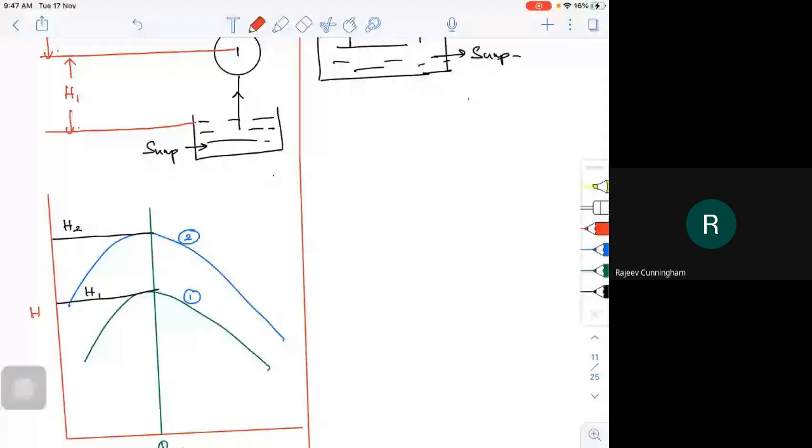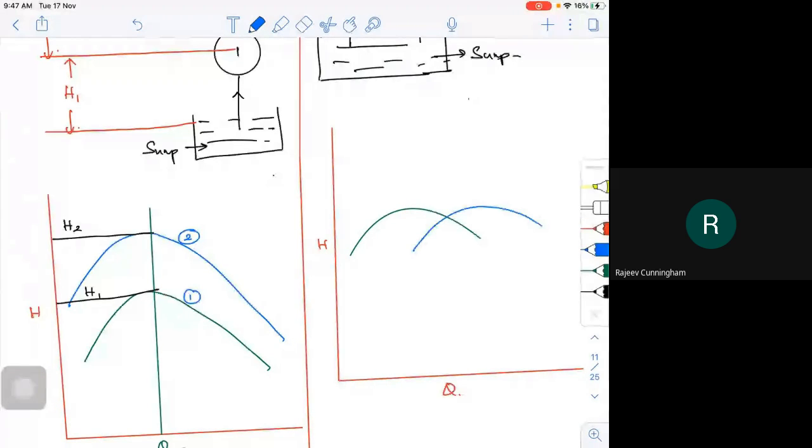This is my H, this is my Q, head versus Q. This is for pump 1 and this is for pump 2. The head almost remains the same. This is the head developed.